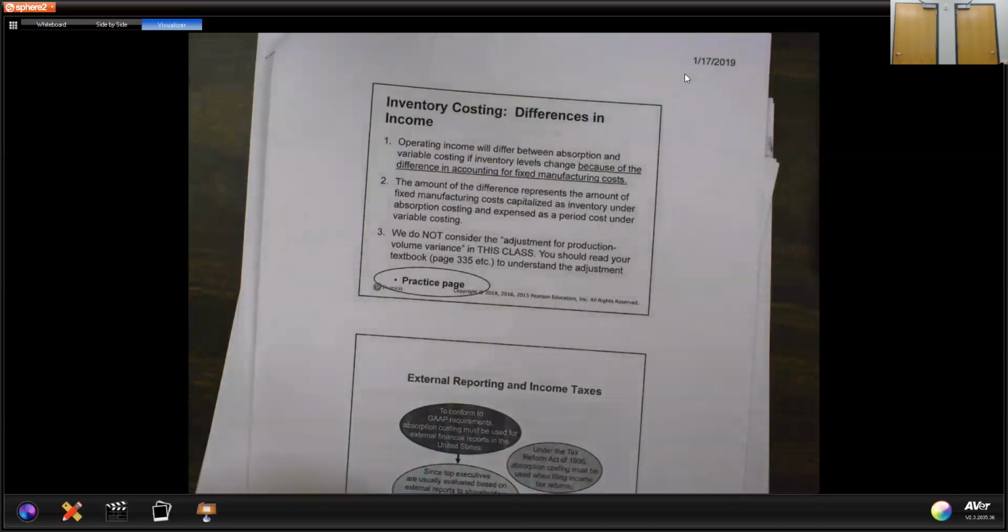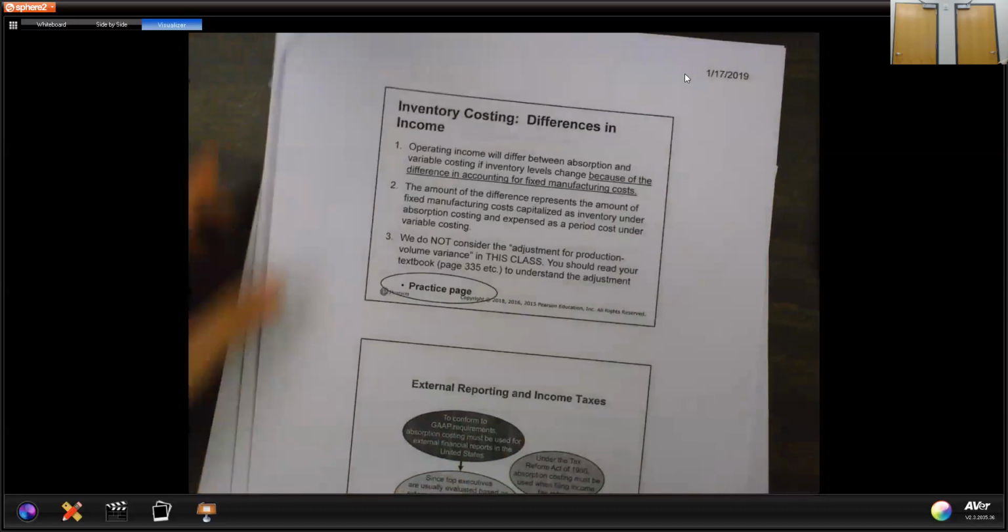And this is our first part, basically: how do we find out the cost of our inventory on the balance sheet? So the second part is talking about how this will affect your operating income.